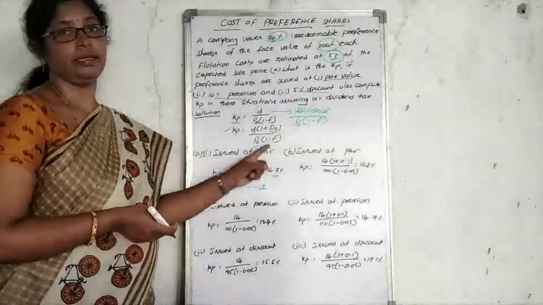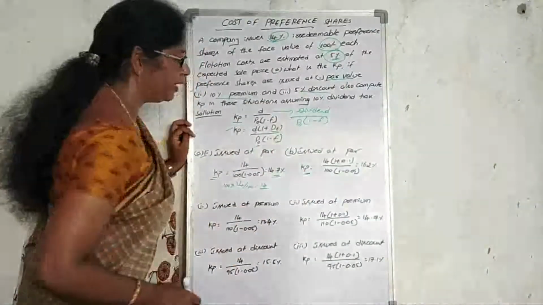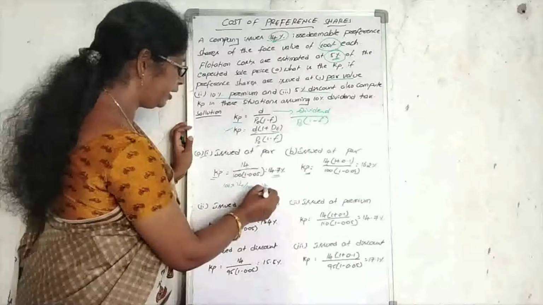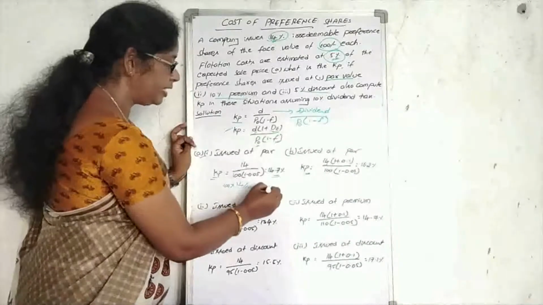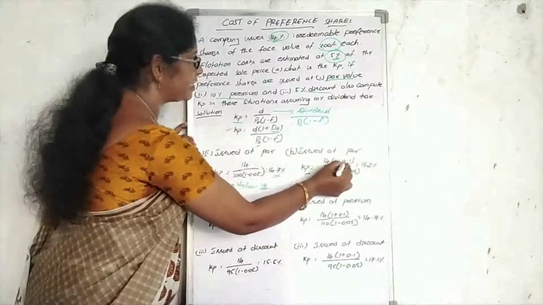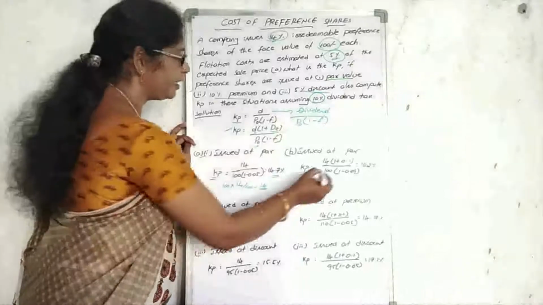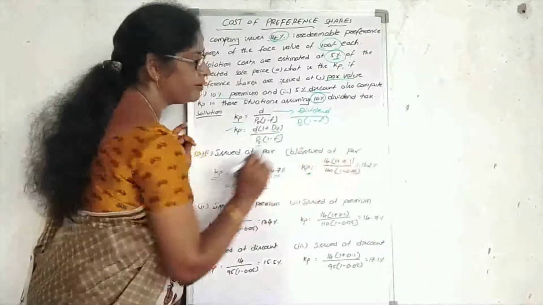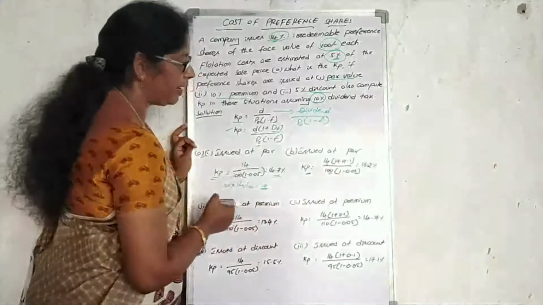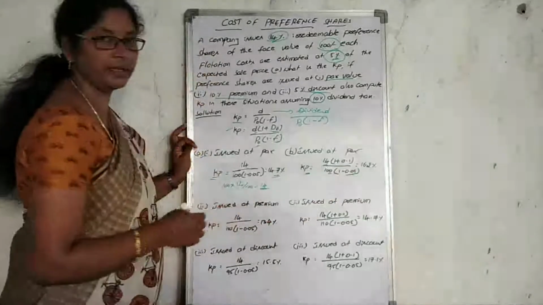In case tax on dividend is there, then KP equal to D. What is D? Dividend. Here we already found it: 14 rupees as the dividend, 14 into 1 plus the tax on dividend, which is 10%. 1 plus 0.1, divided by 100 rupees, the initial value or par value, into 1 minus 0.05, where 0.05 is the flotation cost.